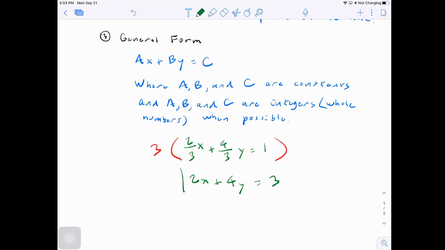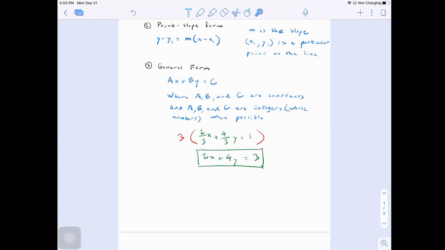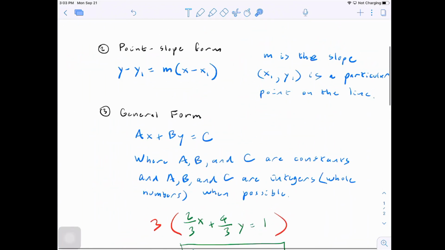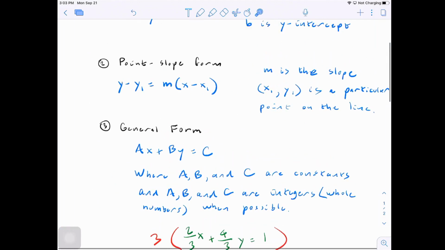And I'll kind of box that. Now we have a, b, and c constants. Now it's not always going to be possible to have constants in those places, but we'll leave that for another time. Okay, so once again, those are the three forms of the linear function equation.